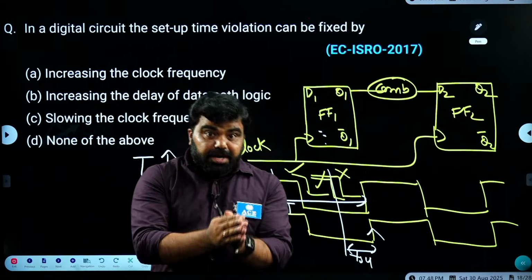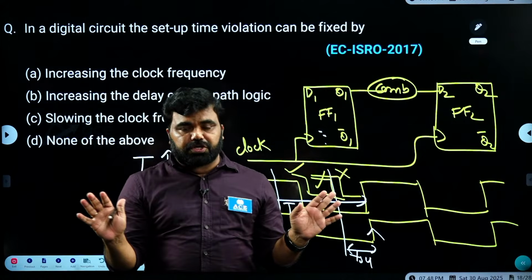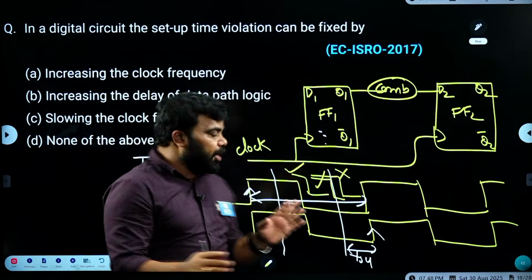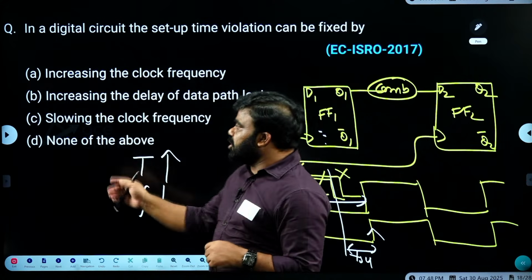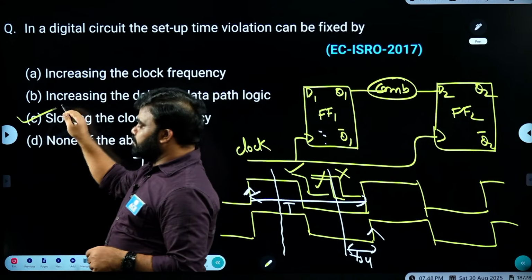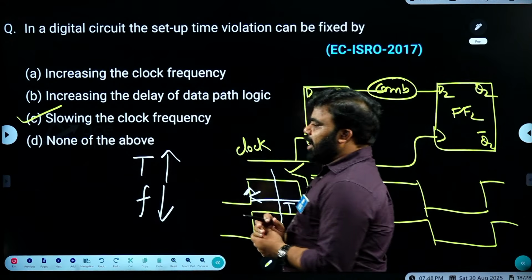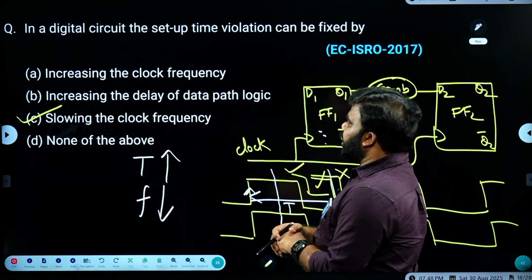If you provide sufficient time for communication, there won't be any violations. So, to fix the violations, increasing the clock period, decreasing the clock frequency, is nothing but slowing the clock frequency. The answer is C. Now let us see the next question.